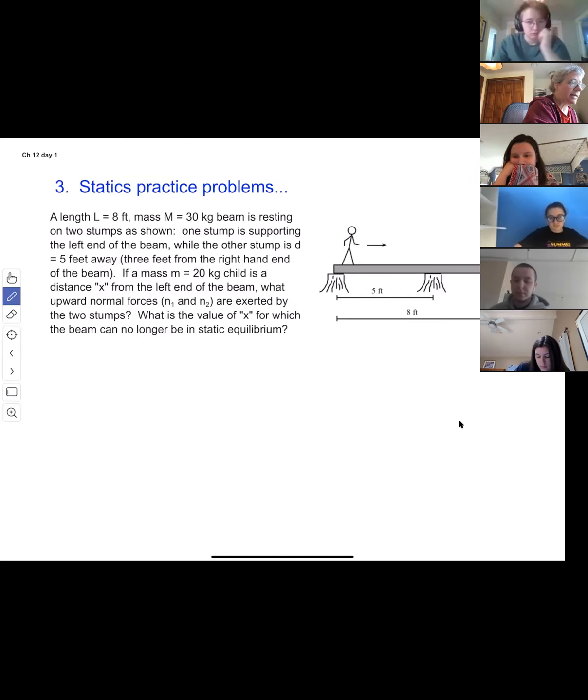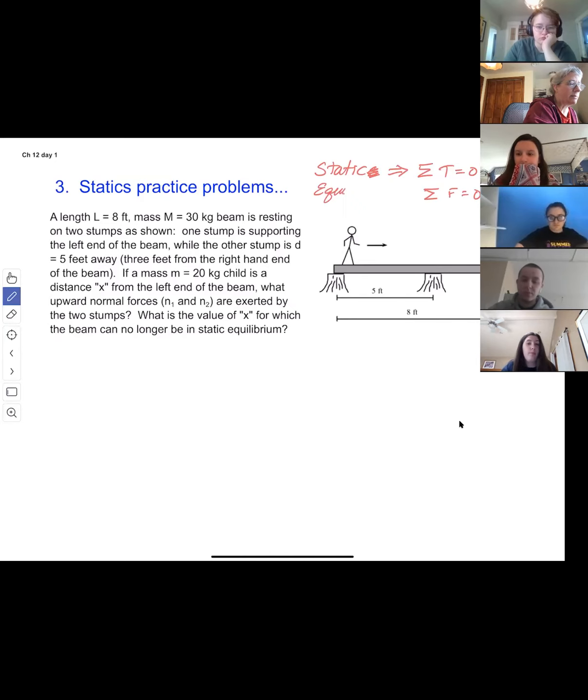But I would say that the key ideas that are really important for a statics problem are the sum of the torques equals 0 and the sum of the forces equals 0. So, static equilibrium.